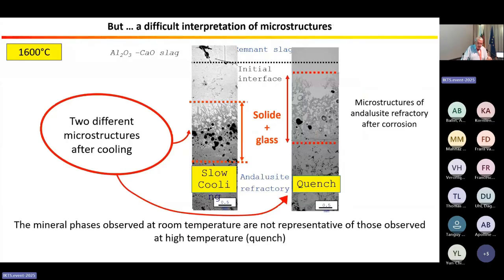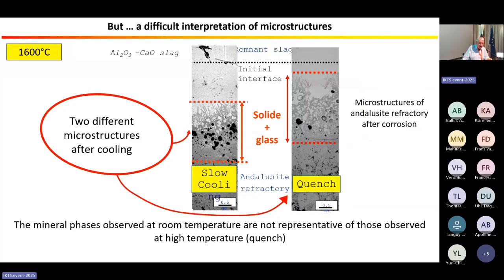Why? Because the mineral phases observed at room temperature are not really representative of those observed at high temperature. Here is just an example. The laboratory test was made at 1,600 degrees C. We observe the microstructure after cooling and the microstructure after quenching, which is representative of the microstructure during the test at high temperature.